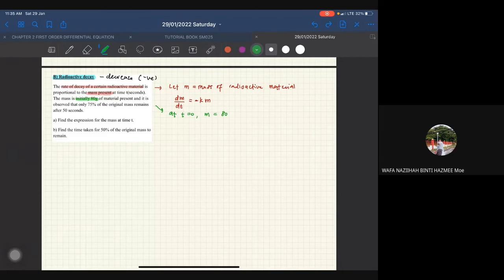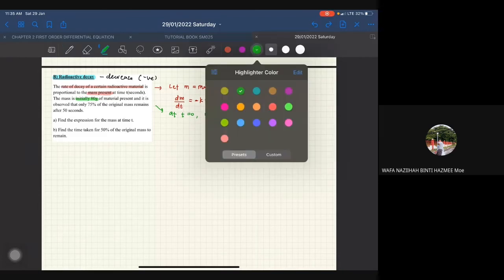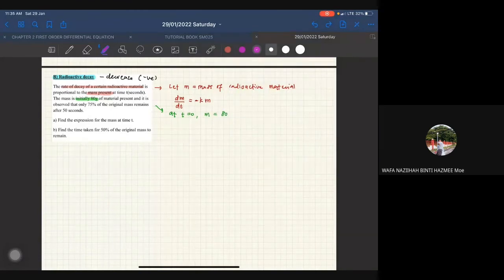Okay, and then lastly, kita sambung lagi baca. Purple. Dia cakap kat situ, it is observed that only 75% of the original mass remains after 50 seconds. Maksudnya at T equal to 50 seconds, kita punya mass dia akan jadi 75% sahaja from original.